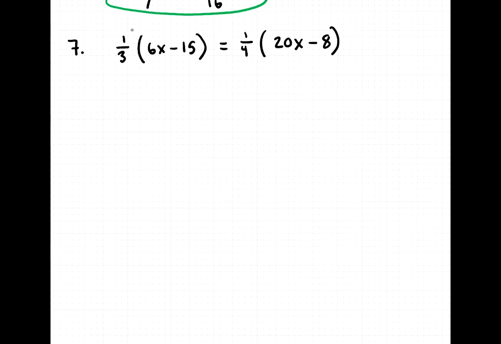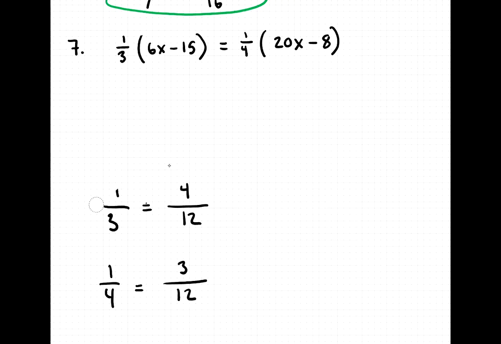So if you look at the fraction 1 over 3 and the fraction 1 over 4, between the 3 and the 4, the common denominator would be 12. And so 1 over 3 is equal to 4 over 12, and 1 over 4 is equal to 3 over 12. So the common denominator would be 12.